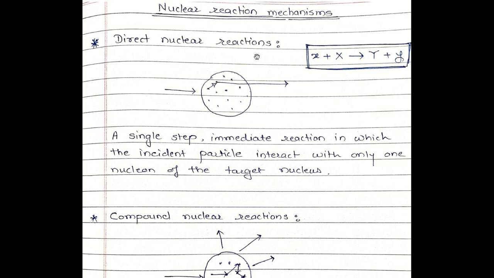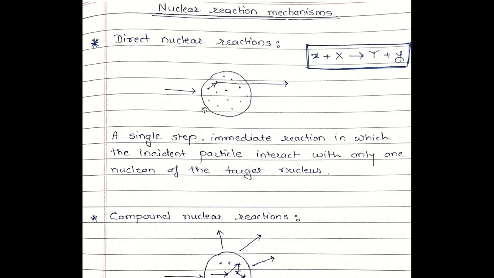On the other side, what may happen? The energy that has been absorbed by this target nucleus from this incident particle, instead of interacting with a single nucleon, may interact with all nucleons present in that nucleus. It may happen, and these types of reactions we call compound nuclear reactions.